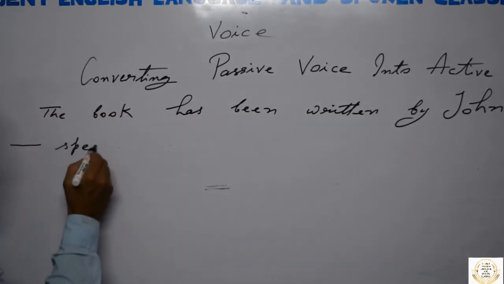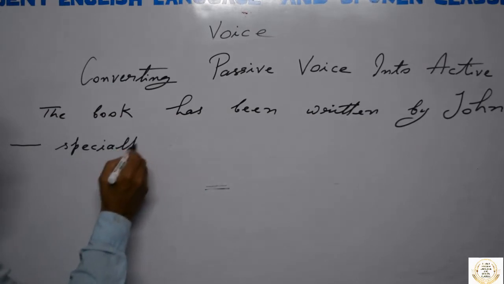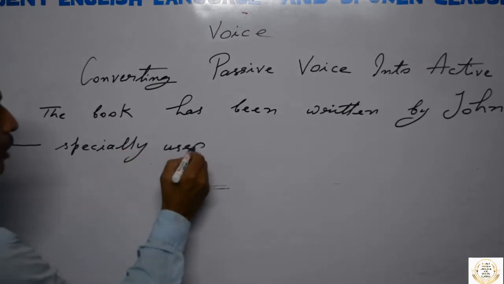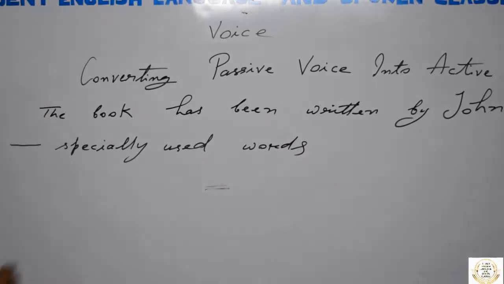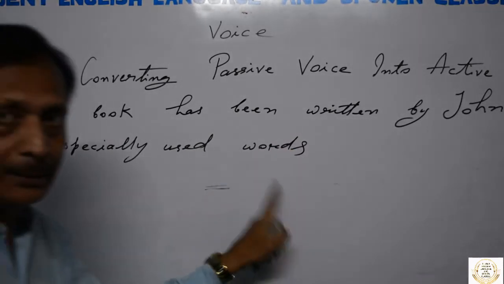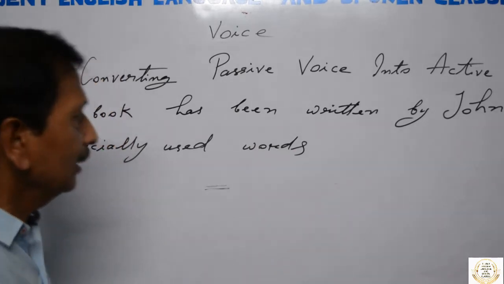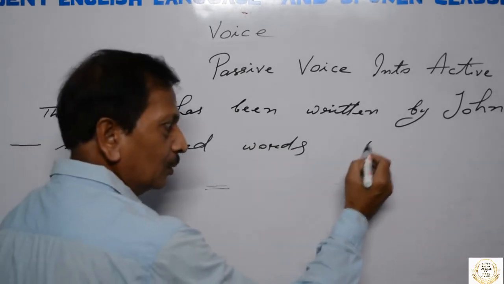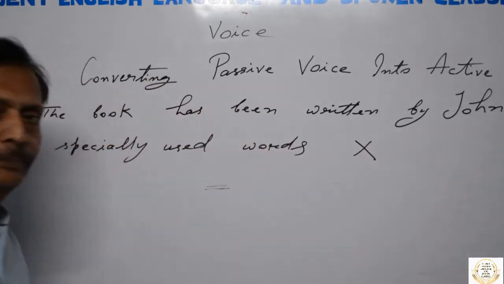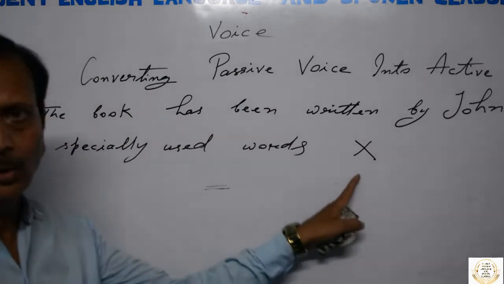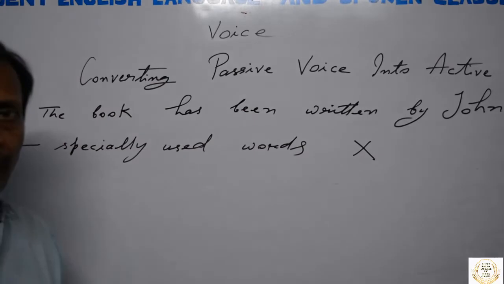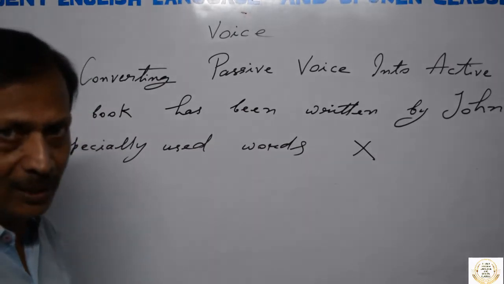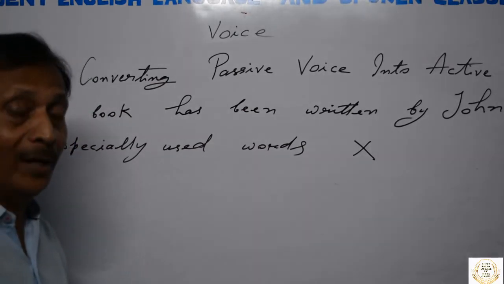First step: especially used words. This is necessary. This especially used word you have to remove. Cross means it is not necessary to use when you are converting passive voice into active voice.